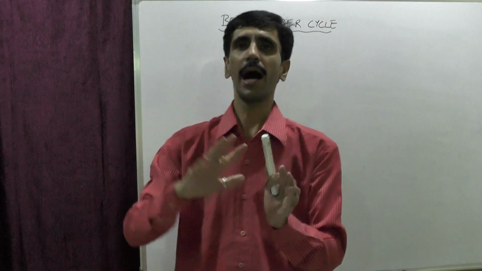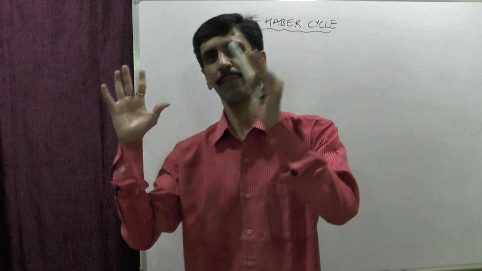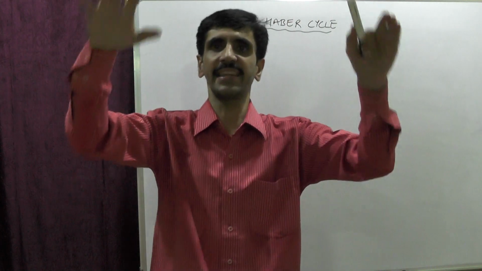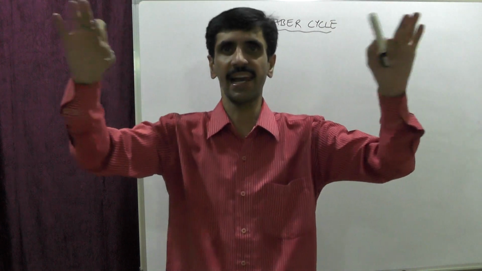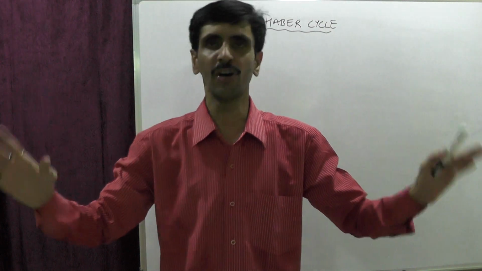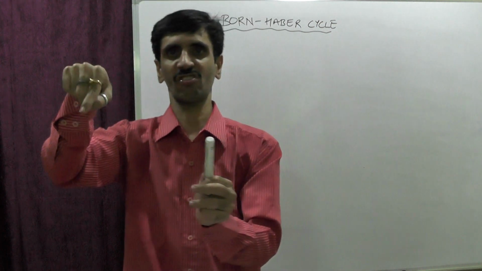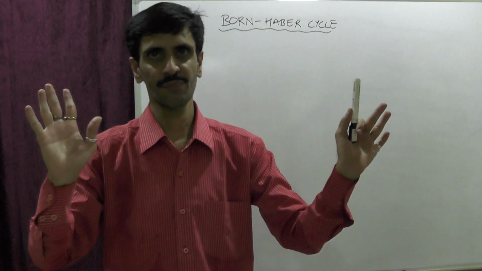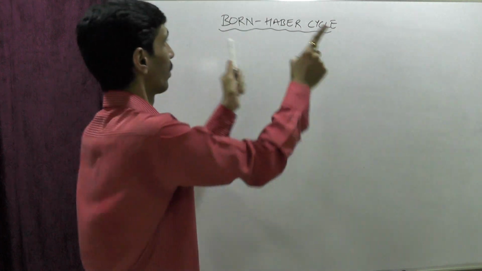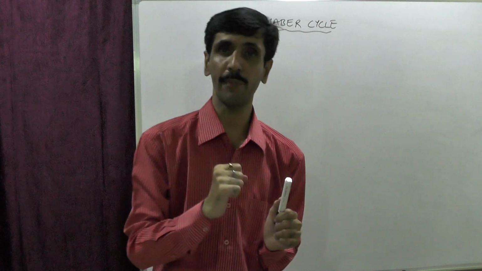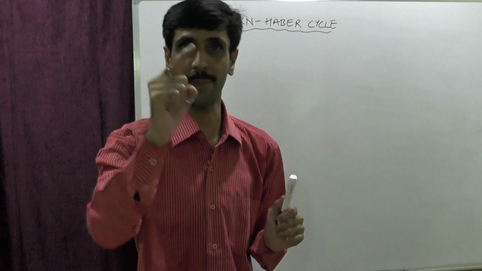Okay, so let us now apply this particular Born-Haber cycle by taking an example of the formation of an ionic compound. Okay, that is going to be an alkali metal halide. Okay, so alkali metal, give it as M, capital M, and X, consider it as a halogen. So we are here now to demonstrate the Born-Haber cycle with respect to the formation of an ionic compound MX.